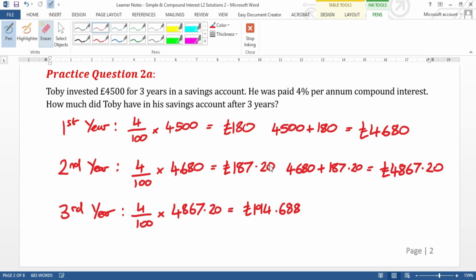If you round that, not to 1 decimal place, sorry, to 2 decimal places, because this is to do with money, so to the nearest pence, that'll be 69 pence here. Let's add that to the amount in the bank currently. 4,867.2 plus 194.69 should give my final answer.